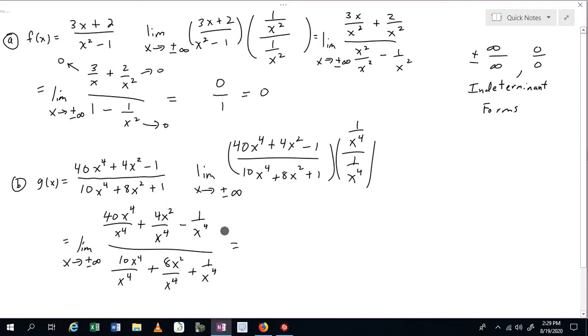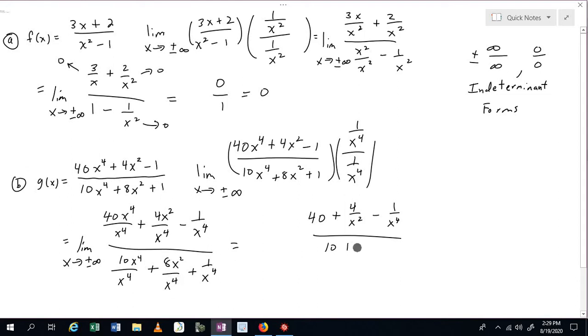All right, so let's just simplify this first. These would cancel out. You're left with 40. This would leave you with 4 over x squared. This is 1 over x to the 4th with a minus sign in front. These cancel out. You're left with a 10.